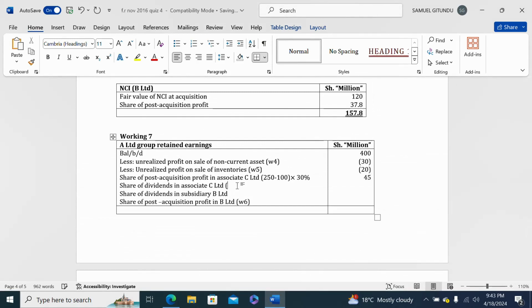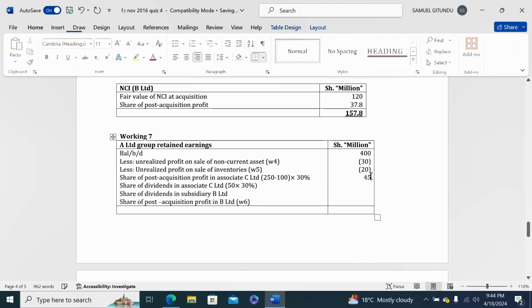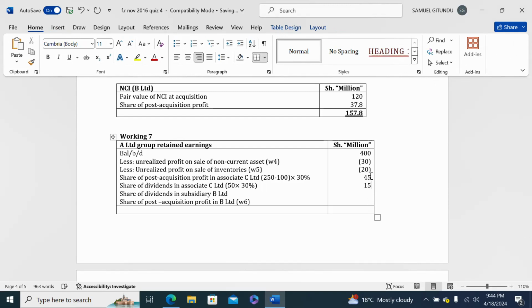We get 50 million, and we multiply by 30%, which gives us 15 million.